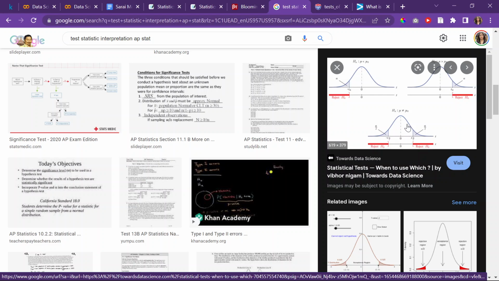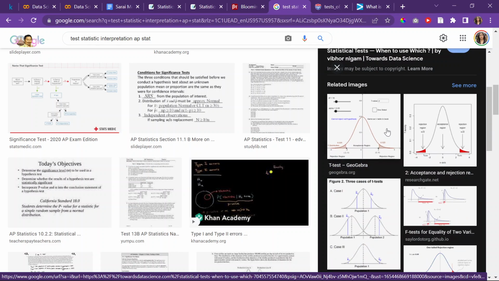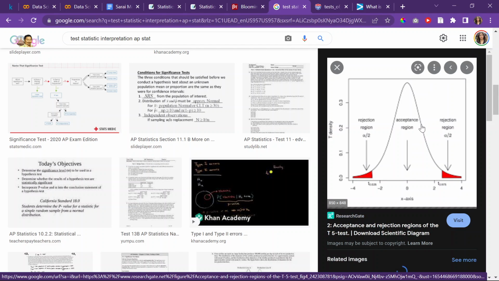So therefore, we don't have enough evidence to reject the hypotheses, and we actually have enough evidence to not vote for the alternative hypotheses. Rejection region. Acceptance region. This is what I wanted.